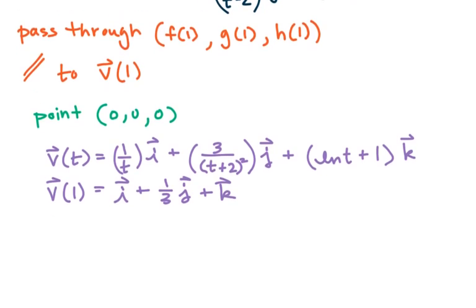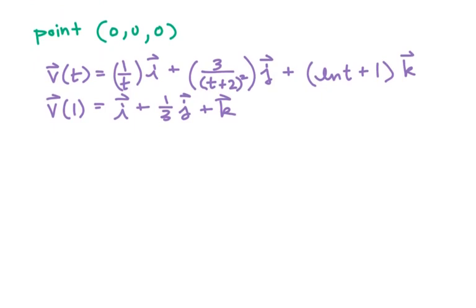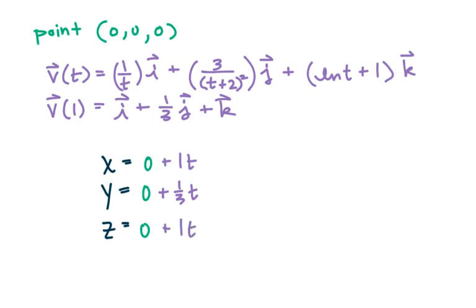So at this point, using our rules for the parametric equations that represent this line, my x equation is going to be the 0 x value plus 1t. My y equation is again going to be my 0 y value plus 1/3 t. And my z equation is going to be 0 plus my 1t for my k value.